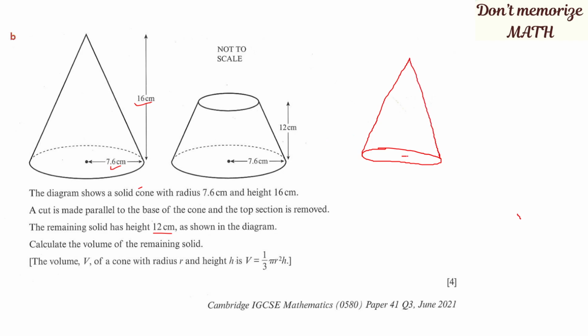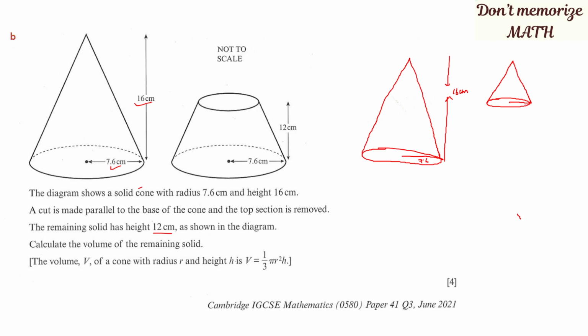So the radius is 7.6. The height is 16 centimeter. We have just cut a smaller cone parallel to the base. What is its radius?